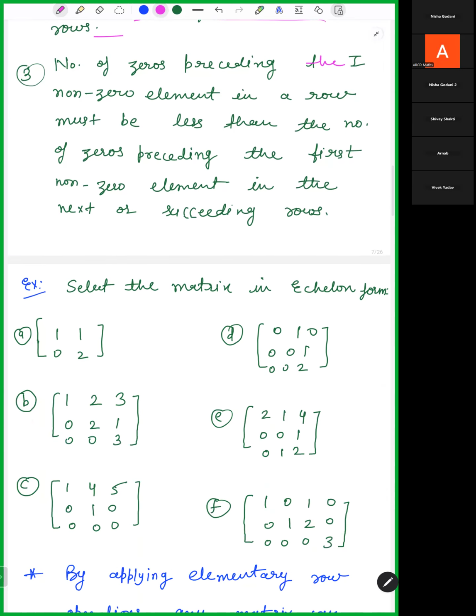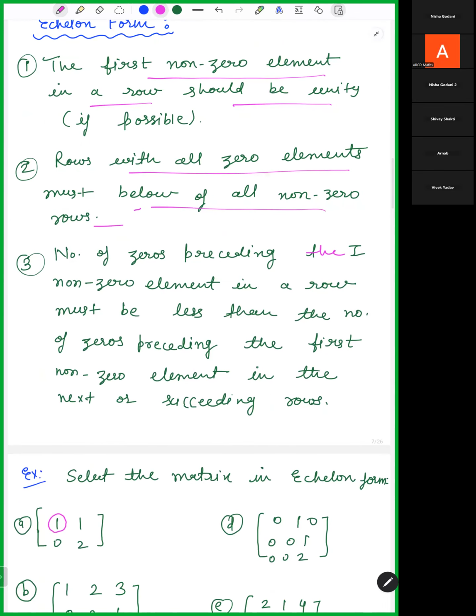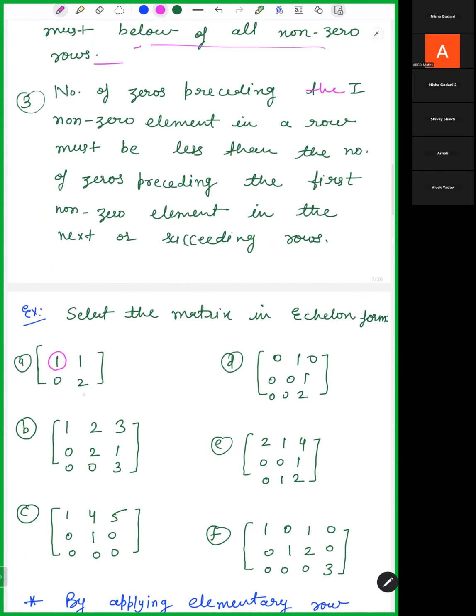You can see in the first example that the first condition is that the first non-zero element in a row must be 1 if possible. It is 1 in this row, but in the second row the first non-zero element is 2.